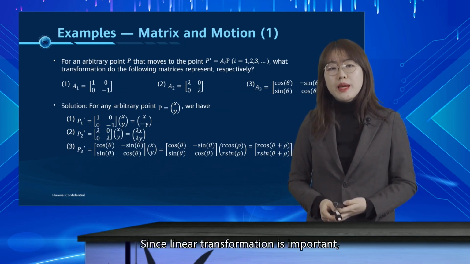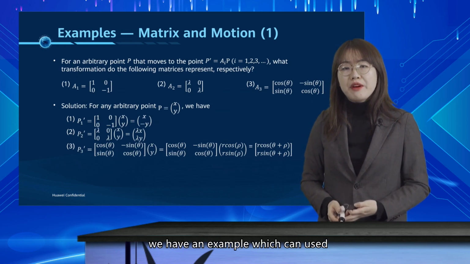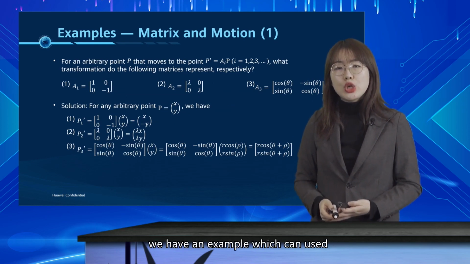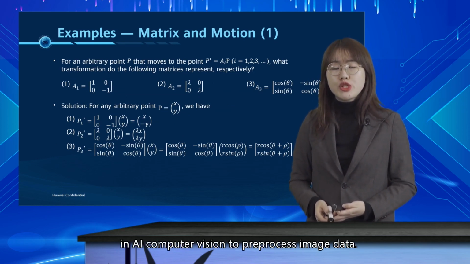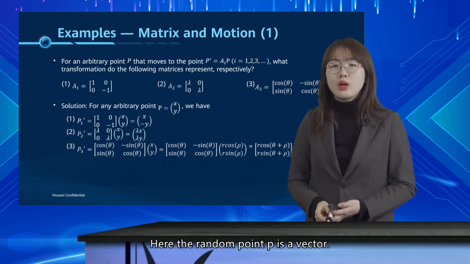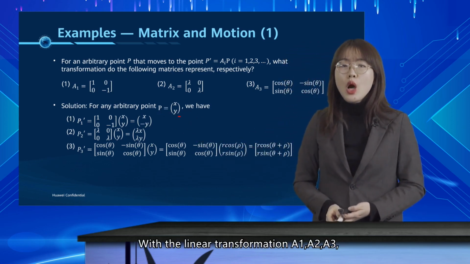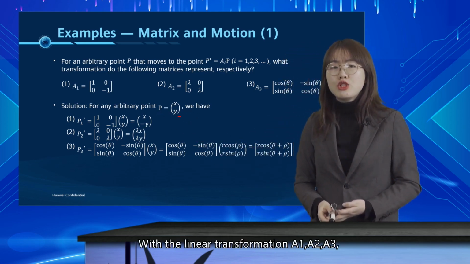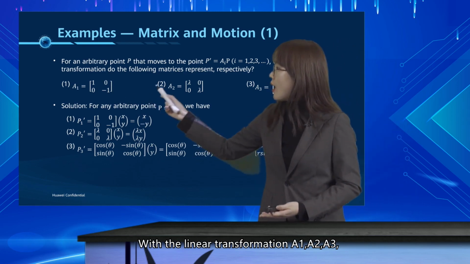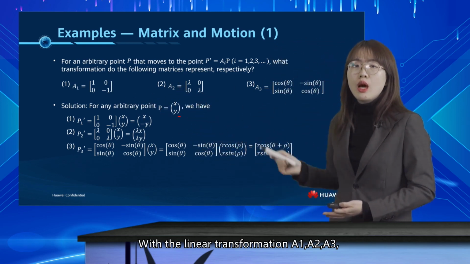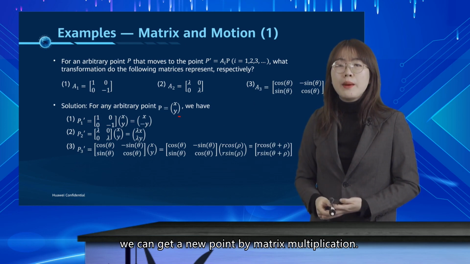Since linear transformation is important, we have an example which can be used in AI computer vision to pre-process image data. Here, the random point P is the vector, while with the linear transformations A1, A2, A3, we can get a new point by matrix multiplication.